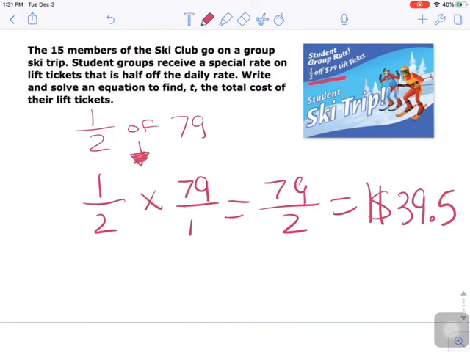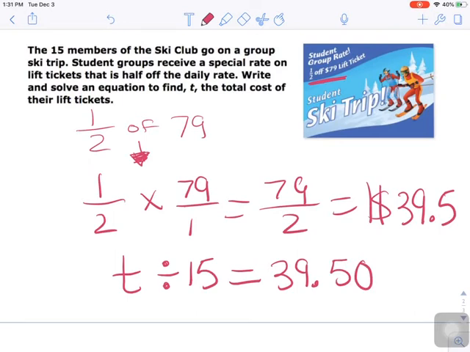I want to figure out how much the total group is going to be paying. So the total price divided by how many people there are is going to be equal to the price of just one ticket.